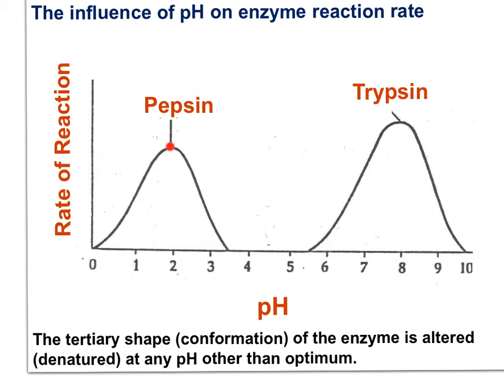At pH 2, for pepsin, the tertiary shape of the enzyme accommodates the substrate well. The reaction rate is at maximum. But with any changes in the concentration of hydrogen ions, change in the pH to lower or higher values, the enzyme becomes denatured. The active site no longer binds the substrate, and the reaction rate declines.